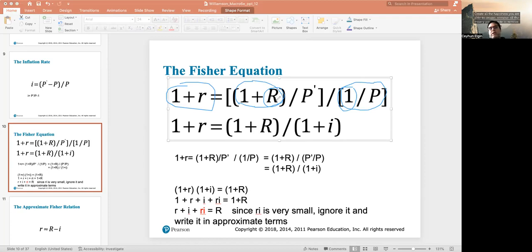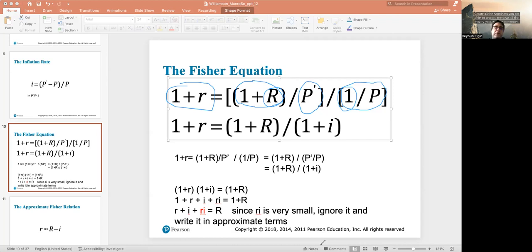But we have to express that 1 plus R next year in purchasing power terms. We have to divide it by P prime, the price level next year.